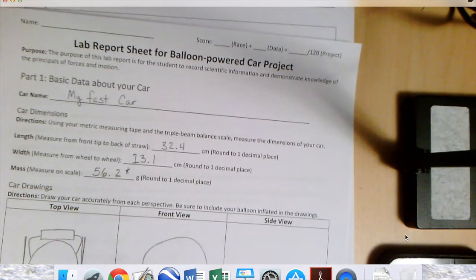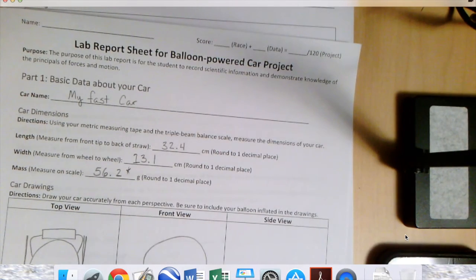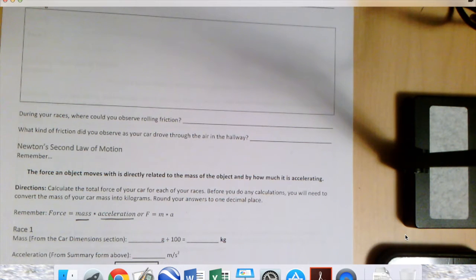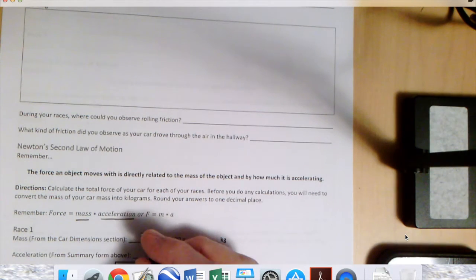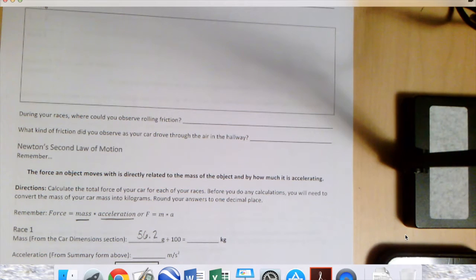Your mass of your car was nowhere near as much as mine. I'm using the example I showed in class, 56.2 grams. So I'm going to write right here the mass was 56.2, and that's from the first page. Because it's in grams, we have to turn it to kilograms.